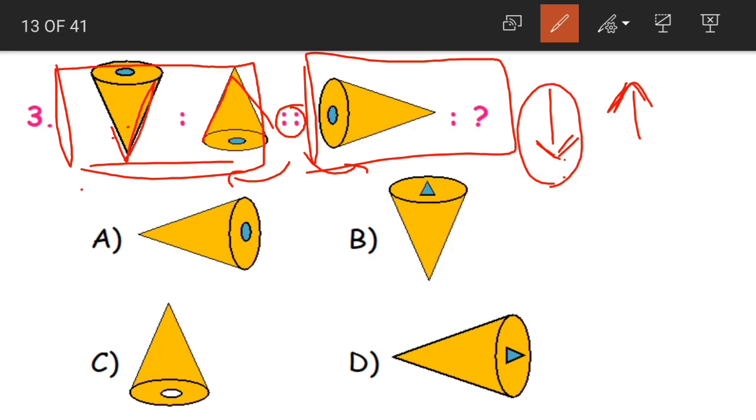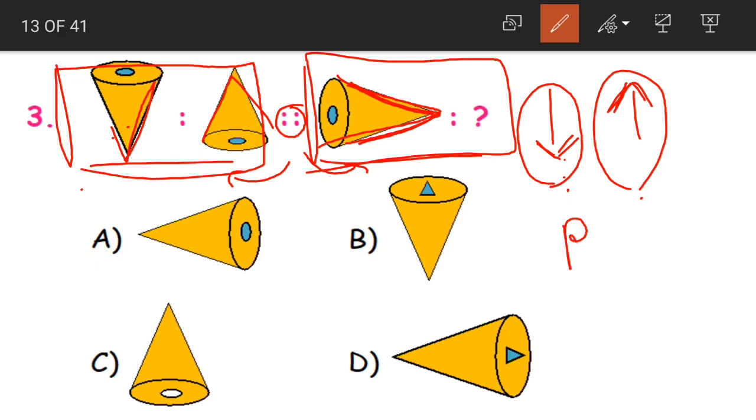The first one is facing downwards, so the next one is facing upwards, which is in the opposite direction. Now the same relationship is to be applied to our second pair as well. In the second pair, this cone is facing which side, children? The pointy side is facing our right side.